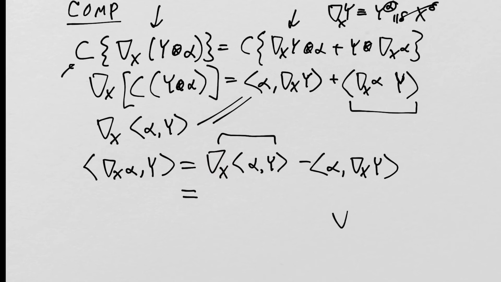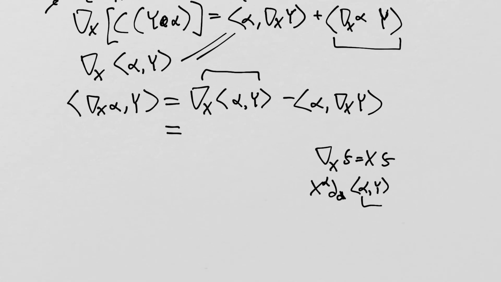But we know that the covariant derivative in the direction x of a function is x operating on that function. So in this case, it would be x^α ∂_α operating on the function α(y). But this function α(y) in comp notation is just α_σ y^σ. So α_σ y^σ is the function.